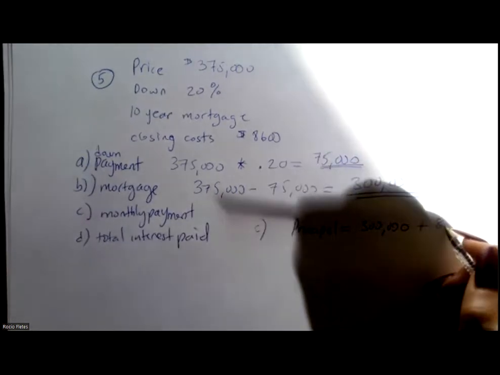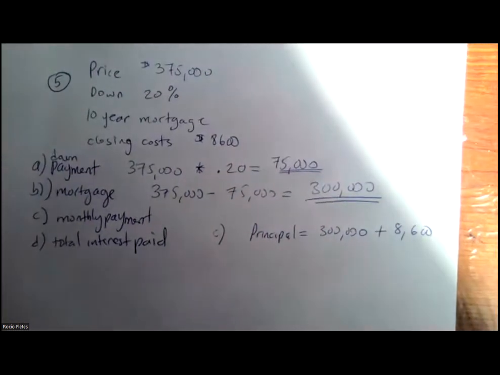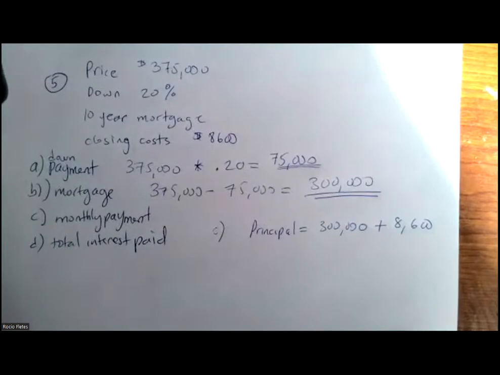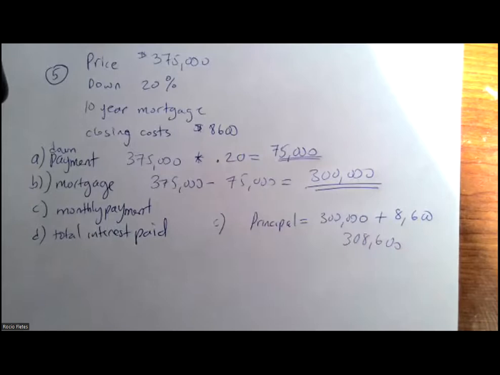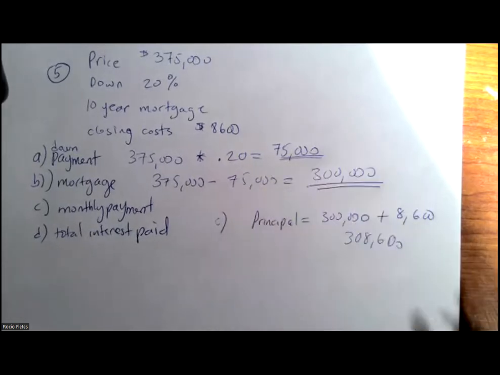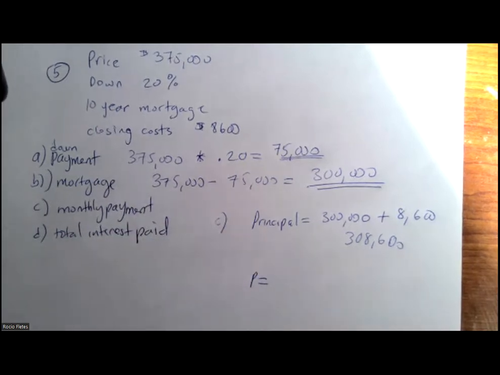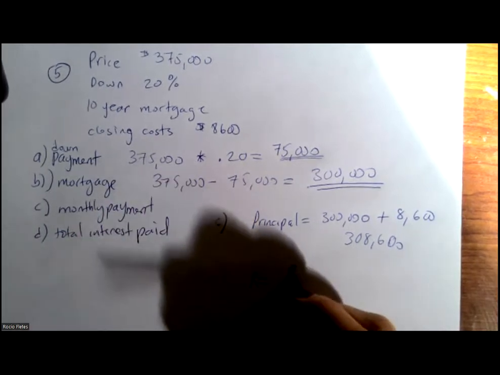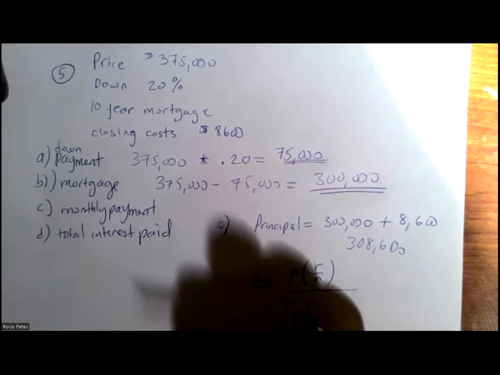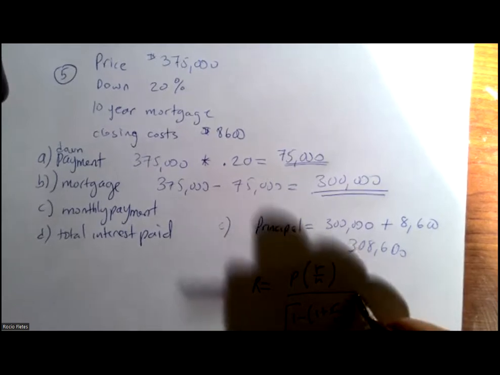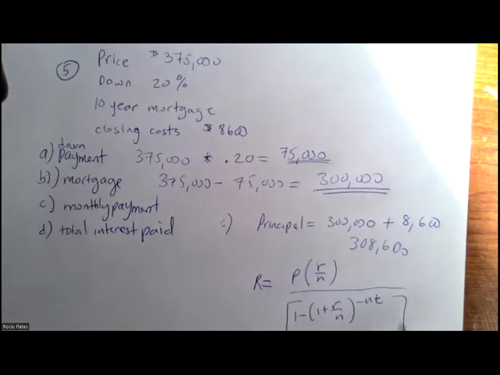Remember the closing cost is 8,600, so you have to add that, and so you have 308,600, all right? And the formula is R equals P R over N, divided by 1 minus 1 plus R over N raised to the negative N times T.